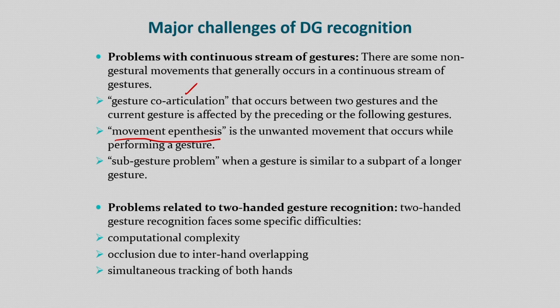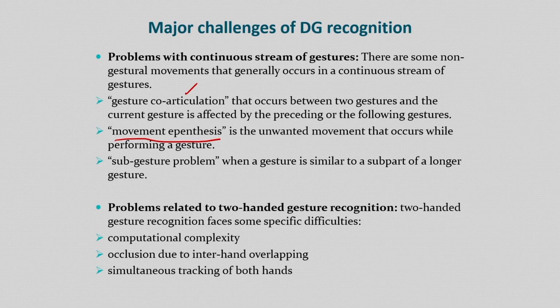Another problem is the sub-gesture problem, when a gesture is similar to a sub-part of a longer gesture. This problem I am explaining in my next slide. So one is the co-articulation problem, one is the movement appendices problem, and another is the sub-gesture problem. And one important problem is the problems related to two-handed gesture recognition.